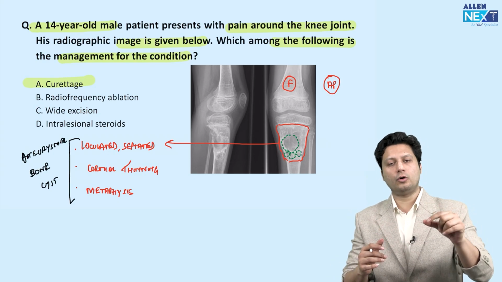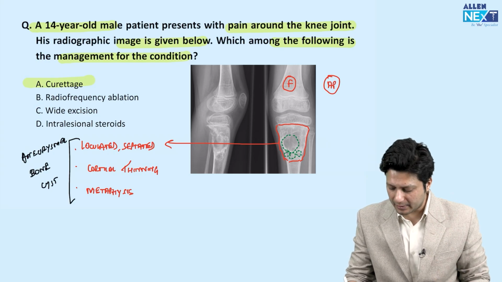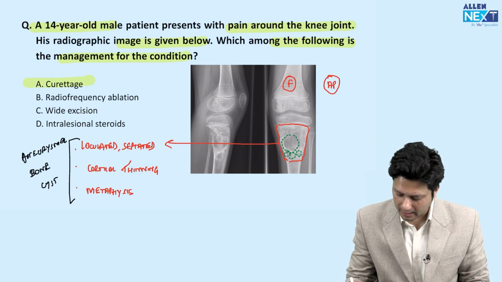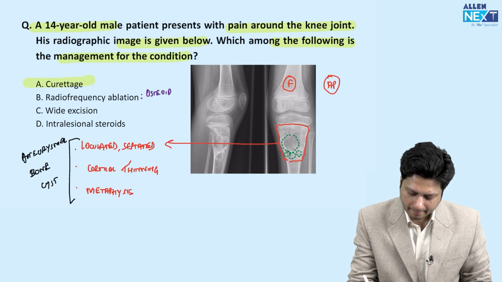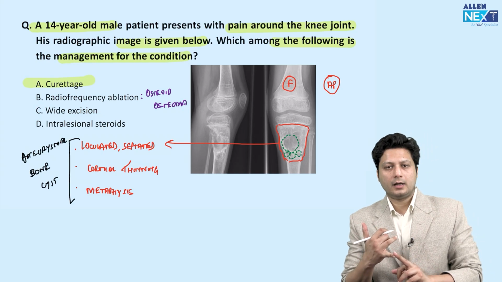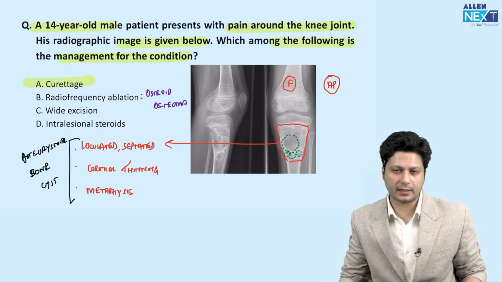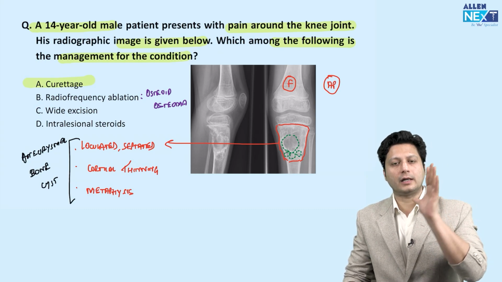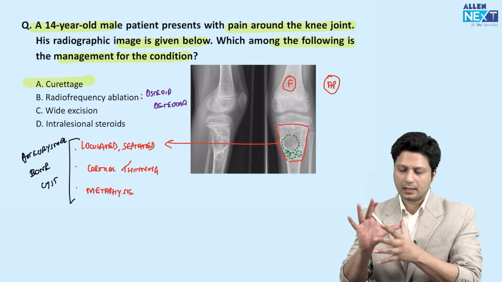Wide excision goes in favor of simple bone cyst. Radiofrequency ablation is important today because osteoid osteoma, anywhere in the body, is managed by radiofrequency thermal ablation by percutaneous application, except for lesions present in the spinal cord, that means the vertebral column, or in the hand bones.